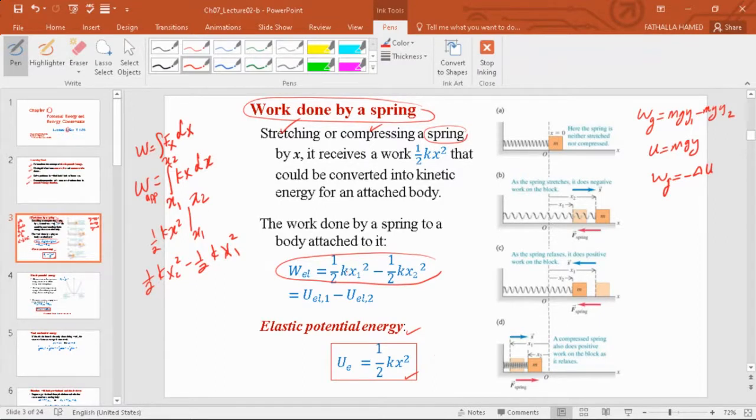So the 1/2 kx1 squared will be U elastic 1, and 1/2 kx2 squared will be U elastic 2, and that's again equivalent to saying that the work is equal to minus delta U, as we did in the last lecture. So even when the work is done by an elastic force, it's equal to minus the change in potential energy, and the elastic potential energy is defined as 1/2 kx squared. Is this point clear?